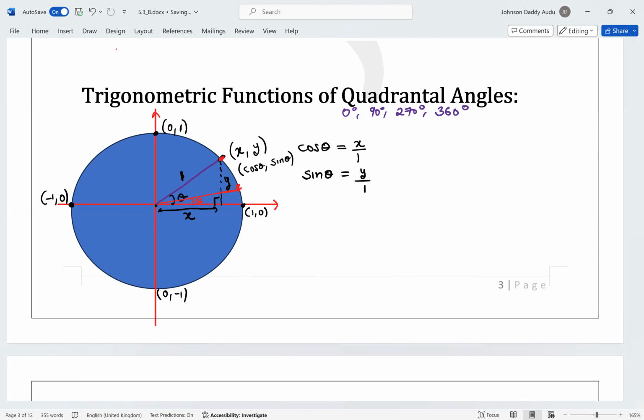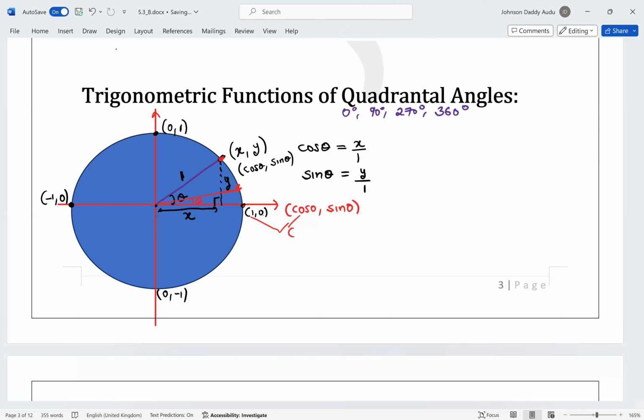In that case, theta becomes 0. So this point is equivalent to cosine 0 and sine 0, because when you bring this terminal side down here, theta becomes 0. Comparing, cosine 0 is 1 and sine 0 is 0.